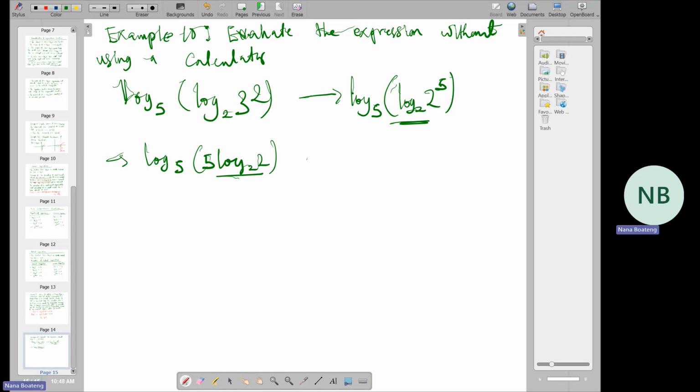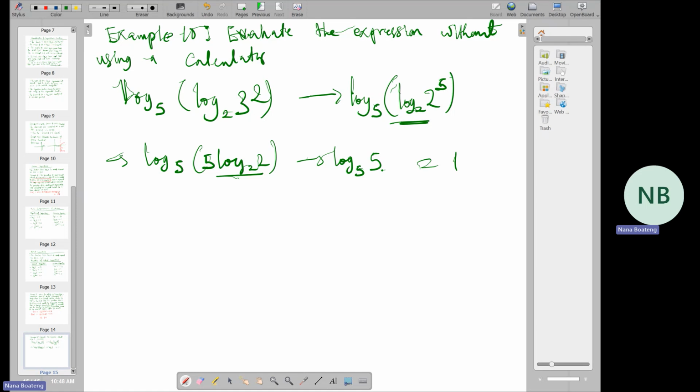So this becomes log to the base 5 of 5, and log to the base 5 of 5 is also equal to 1. So this is how we evaluate this expression without a calculator.